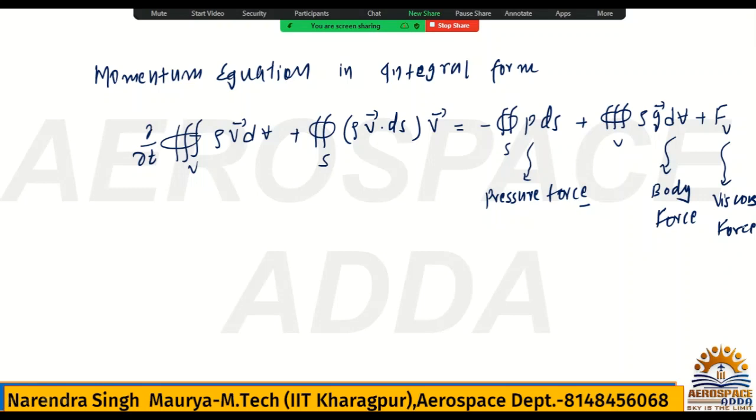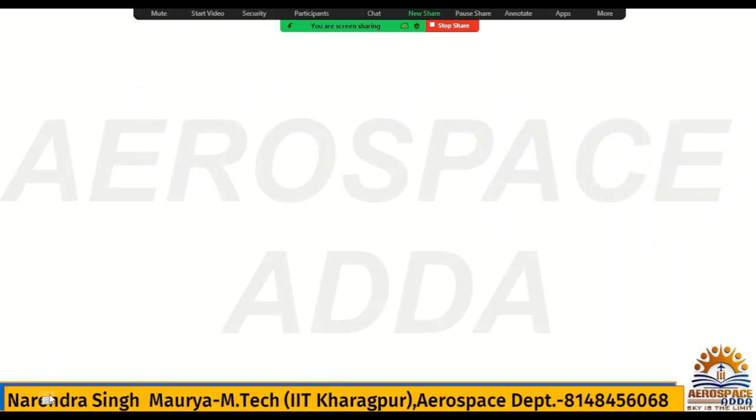So if we write this momentum equation in differential form, that will also be called the Navier-Stokes equation.